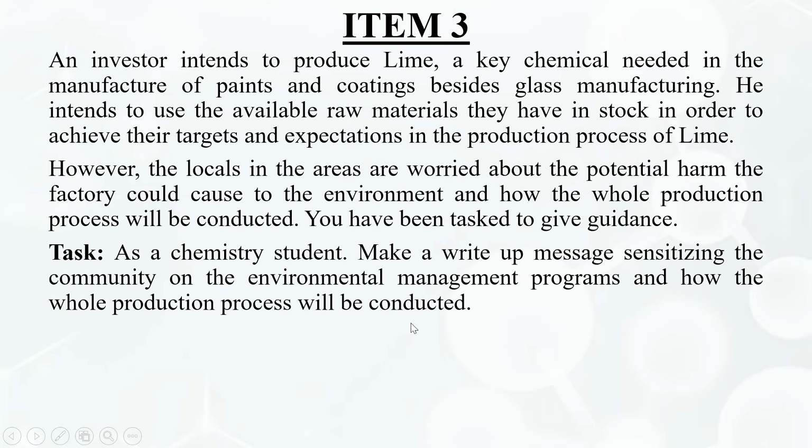Now, before you rush to answer, first reread the question, the scenario. Identify what they want to produce. They are saying that an investor intends to produce lime. Oh, good. So in simple terms, they want to invest in lime. So what's the problem?